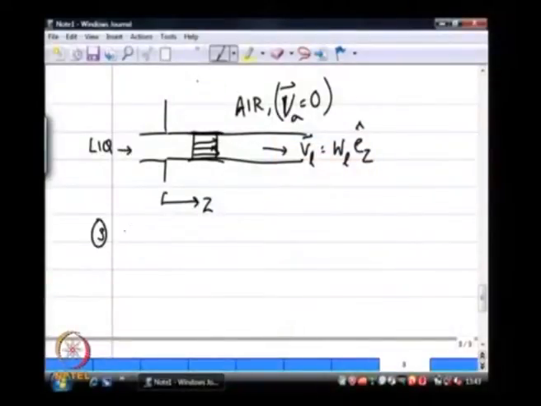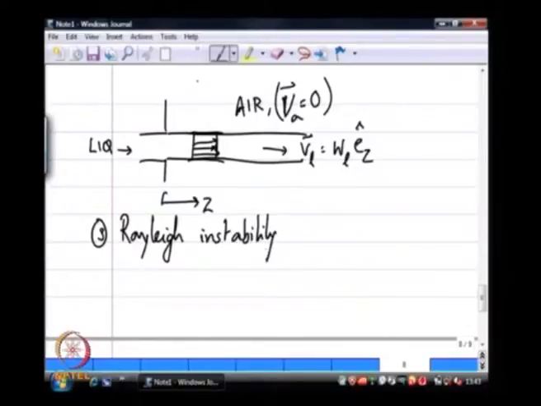The third is what we call Rayleigh instability. For this, I will take, let us say, a liquid column. I am going to create now a liquid, just to make the distinction with Kelvin-Helmholtz instability.